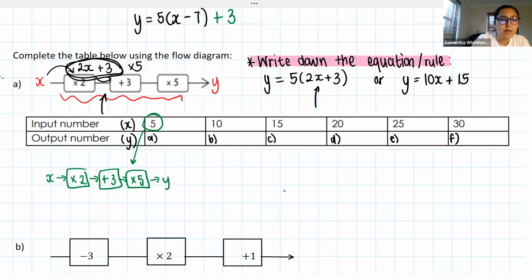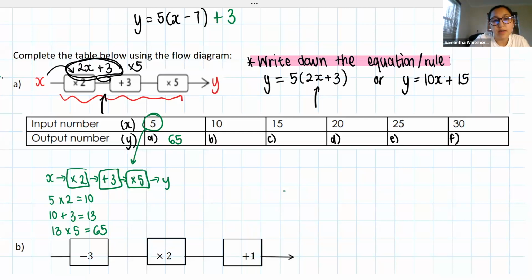So our x value is 5. So we've got 5 times 2, which gives us 10. Then we move on to the plus 3. So 10 plus 3, which gives us 13. And then we do the 13 times 5, which gives us 65. So this first output value is 65.